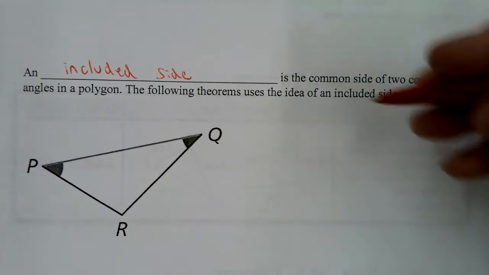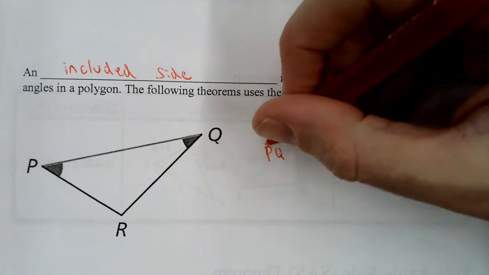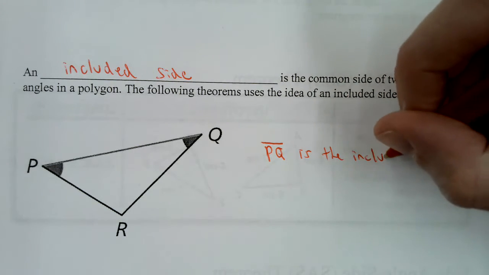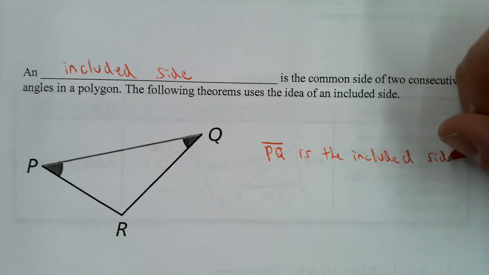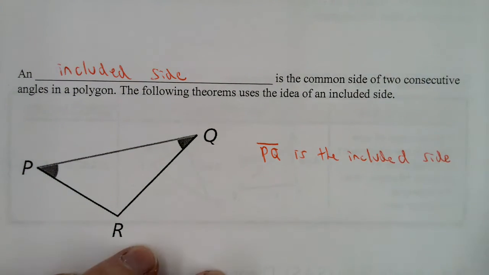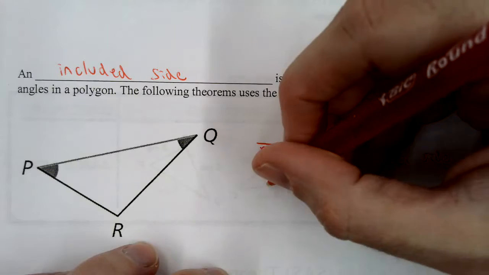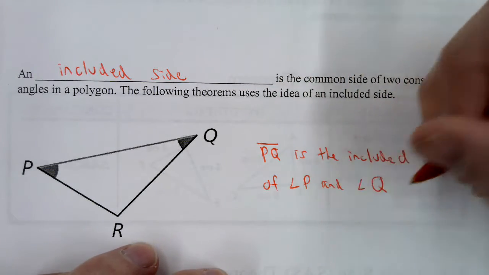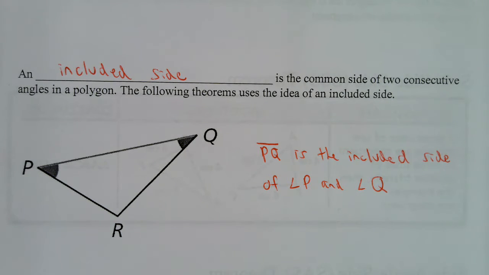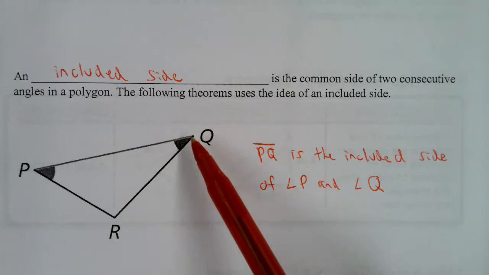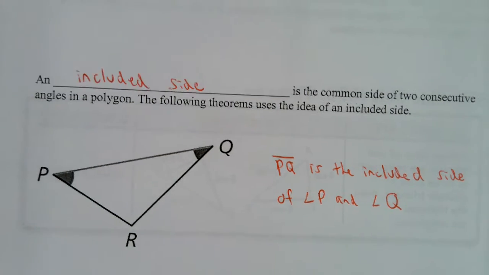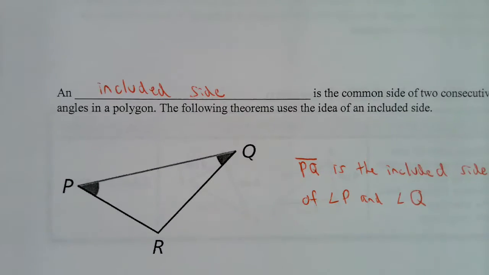But for example, PQ is the included side for angle P and angle Q. So if I say, what is the included side of angle P and angle Q, that means what side is in between them, and it would be side PQ, for example. Those two definitions, we have included angle and we have included side.